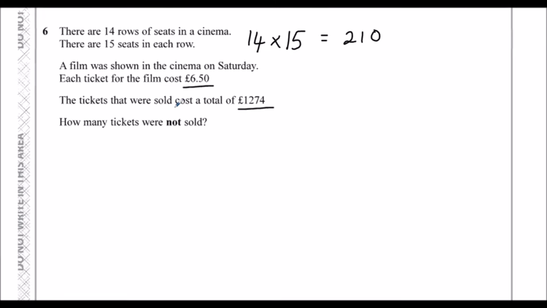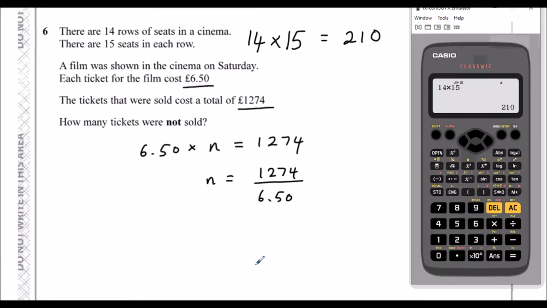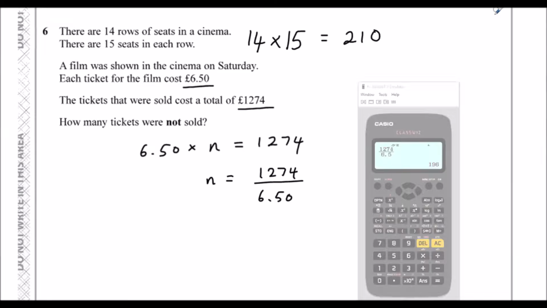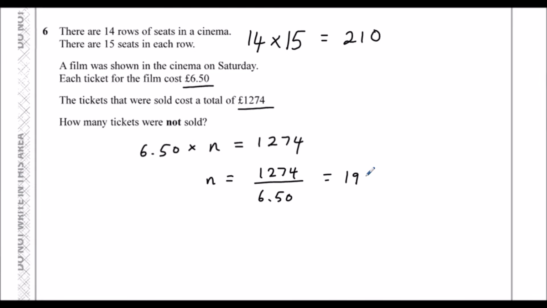So £6.50 times the number of tickets sold must be equal to 1,274. So if we want to find the number of tickets sold, we can divide. We can do 1,274 divided by £6.50. And that's 196. So 196 tickets were sold.